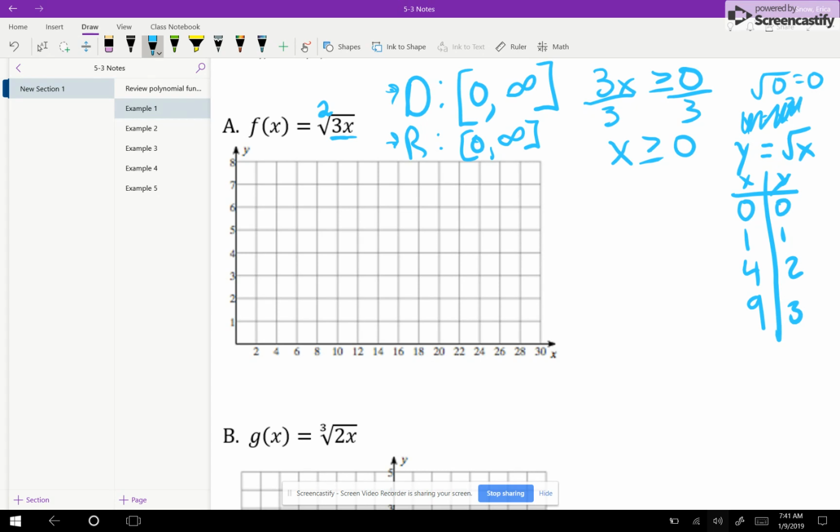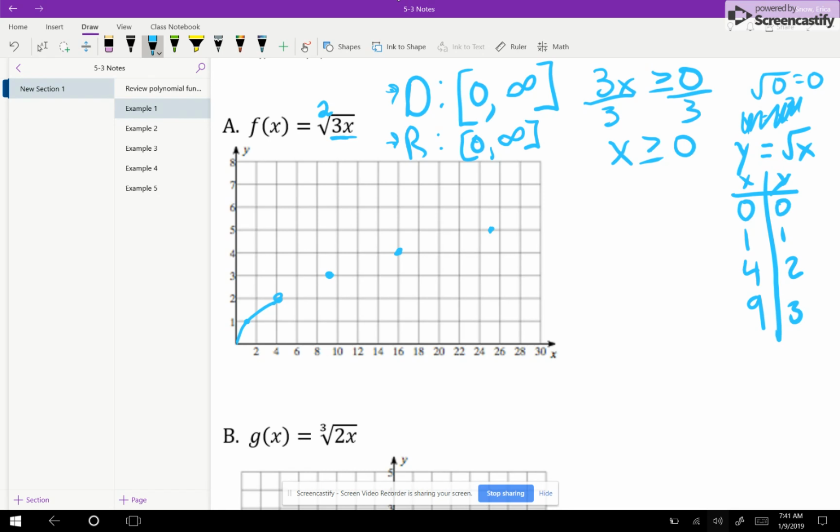So if I put in y equals square root of x, it's going to look like this. 1, 4, 2, over to 16. I'm going to get 4, 9, 3. And as you draw that, 25 is going to be 5.